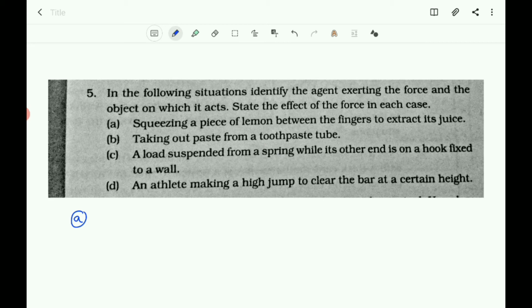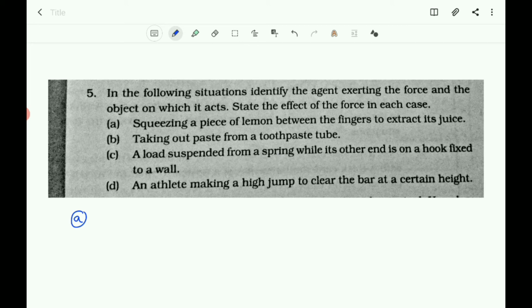Due to the change in the shape of the lemon, the juice comes out here. So here first question, what is that? Agent. Agents are fingers. And the second, object. Object is lemon. And the effect of force is the change in the shape of lemon.